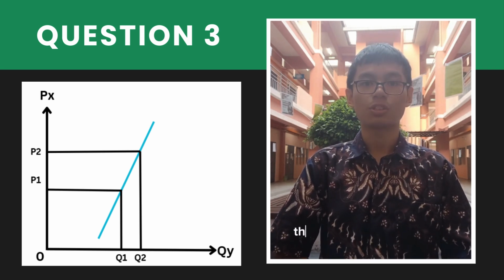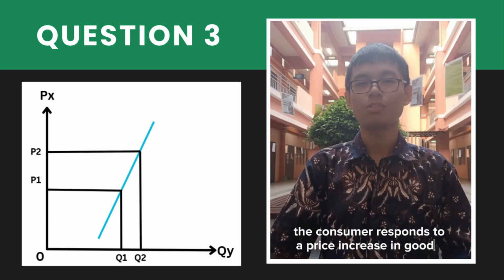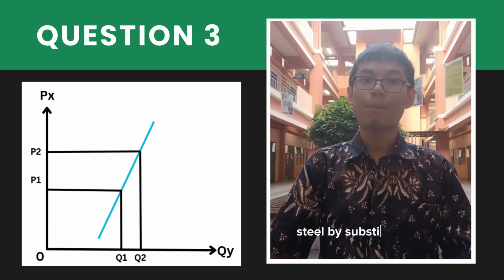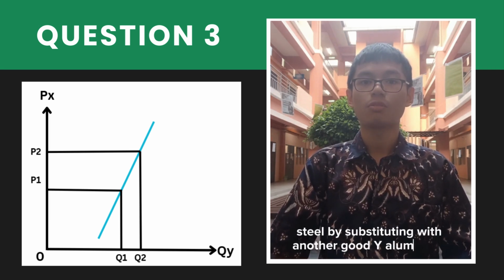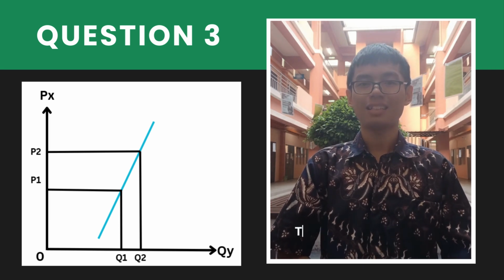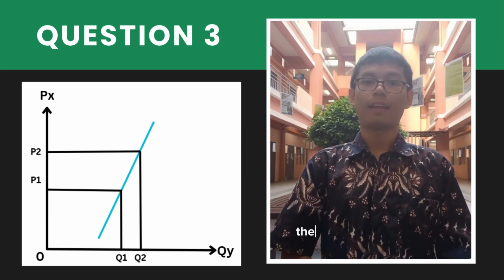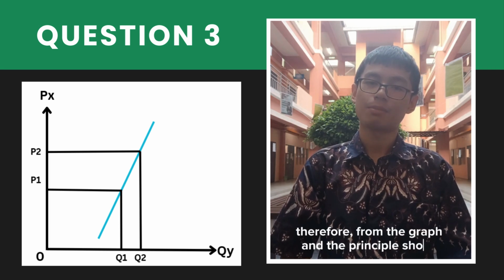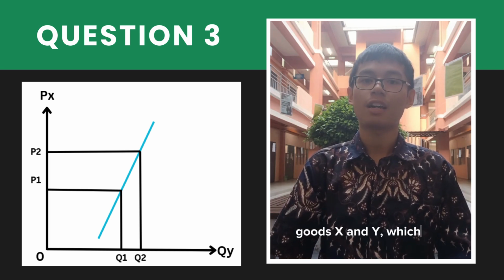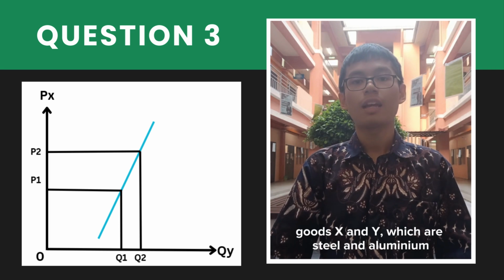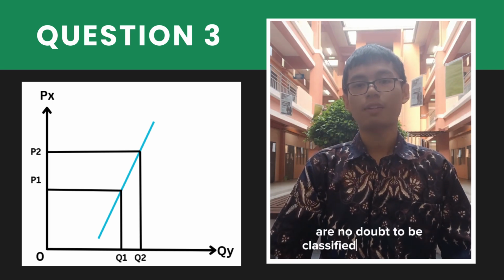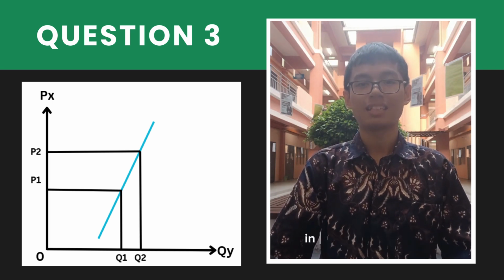Following that, the consumer responds to a price increase in good X, steel, by substituting with another good Y, aluminum, thus increasing the demand for the alternative. Therefore, from the graph and the principle shown, goods X and Y, which are steel and aluminum, are no doubt classified as substitutes in this market scenario.